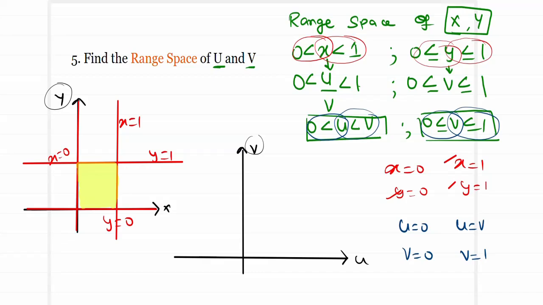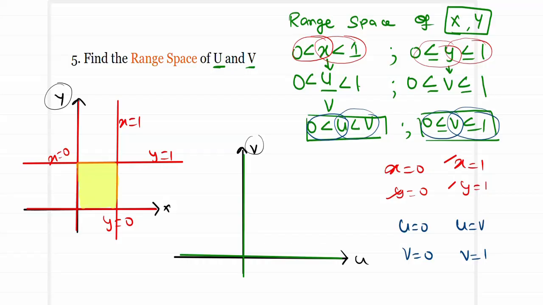Now I have the line u equal to 0. Which will be the line u equal to 0? This will be my line u equal to 0, the same as this line. We will take it in another color. And which is my v equal to 0? This u axis is nothing but my v equal to 0.